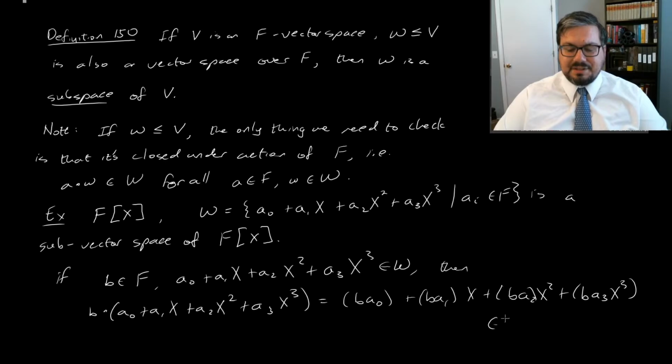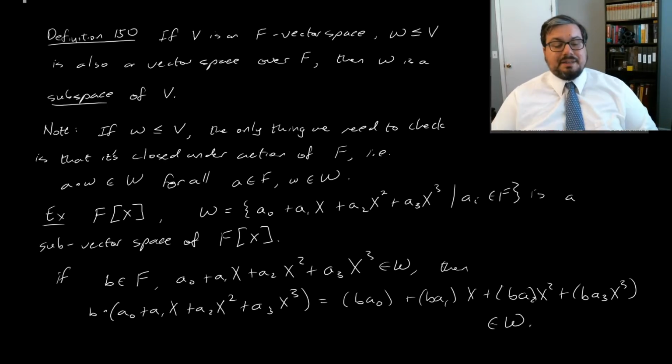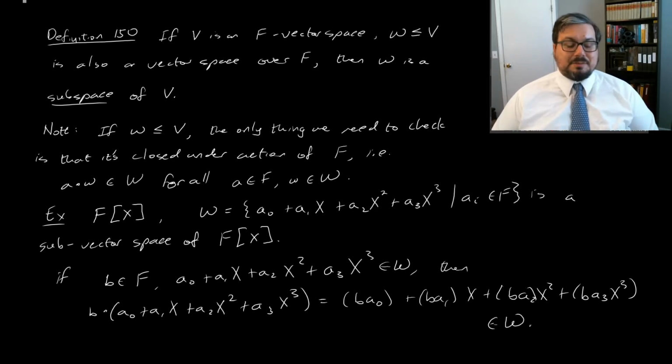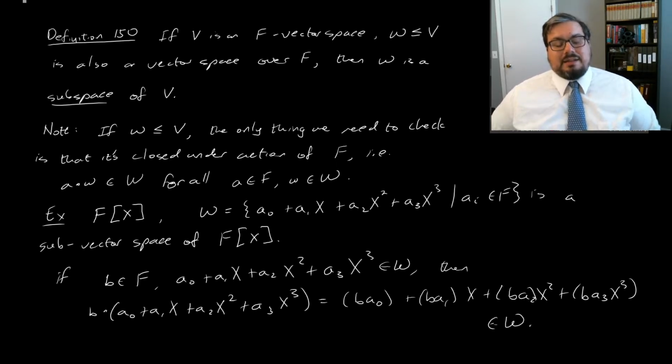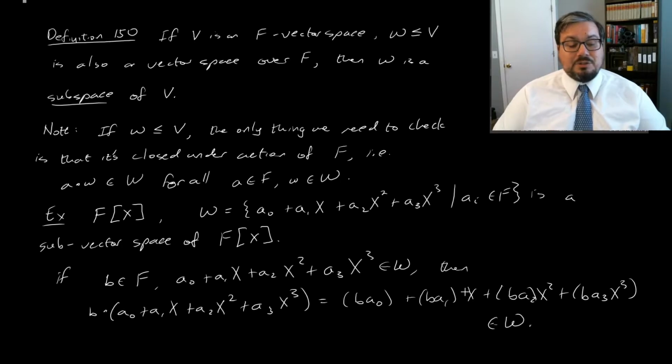And the point is that this is in W. Therefore, this set W is a subvector space of F adjoin x. It's a subgroup additively. It's closed under addition and subtraction. And it is closed under the action of the field F.